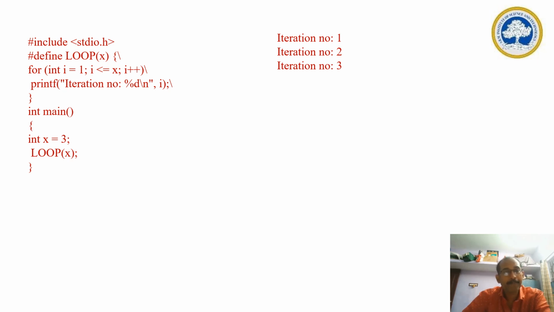So till here the macro continues, and after that the macro is not continuing. So LOOP(x) will be replaced with this. Wherever this LOOP comes, the x value, integer 3, will be carried out here. Iteration number 1, iteration number 2, iteration number 3. So in the macro also we can write a loop program. This is the takeaway.